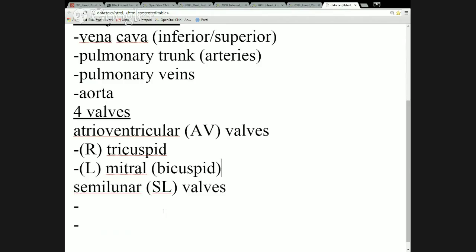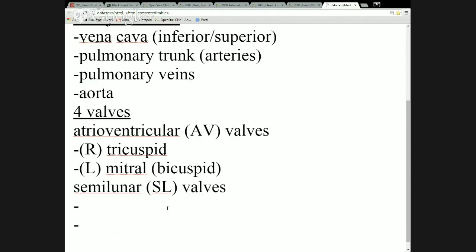In fact, that's not that special. All valves have three cusps except for the mitral valve. It's just that tricuspid was used to name that particular valve.